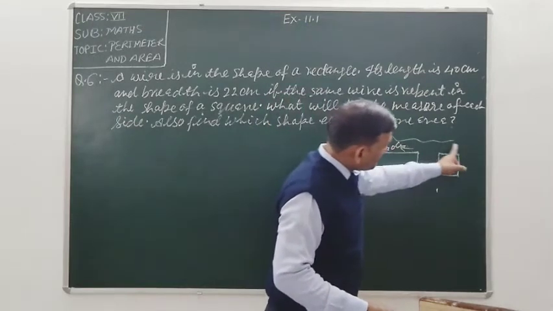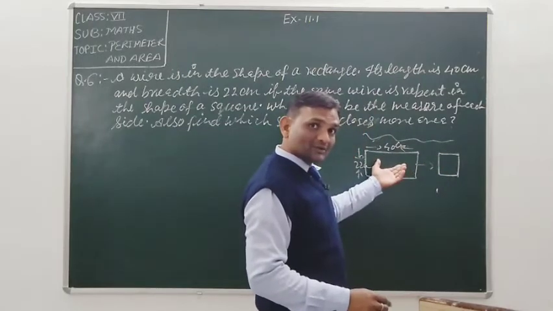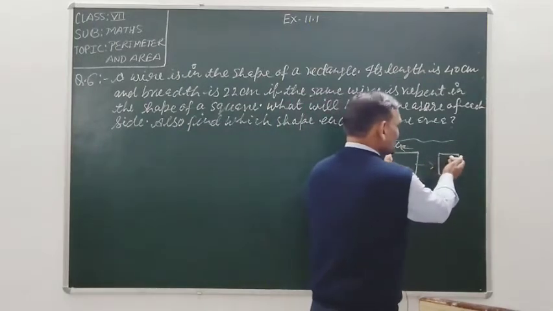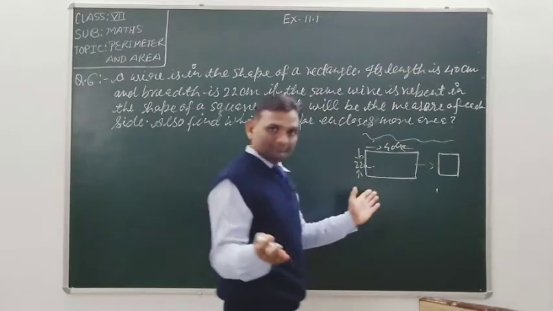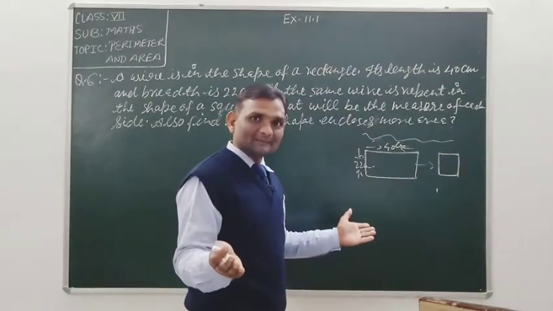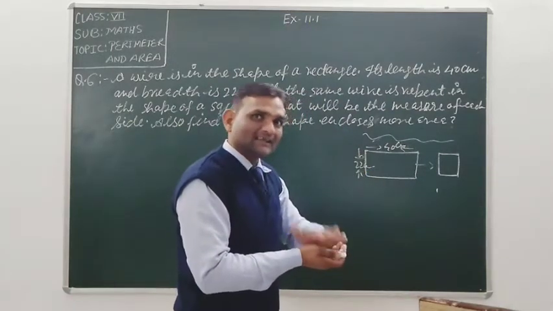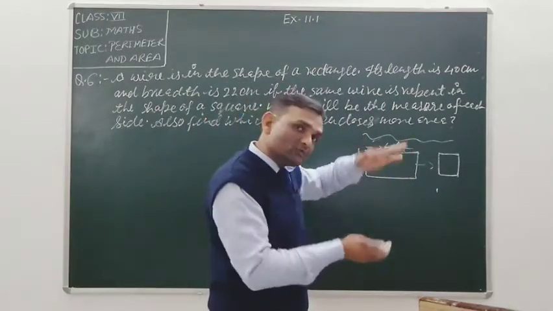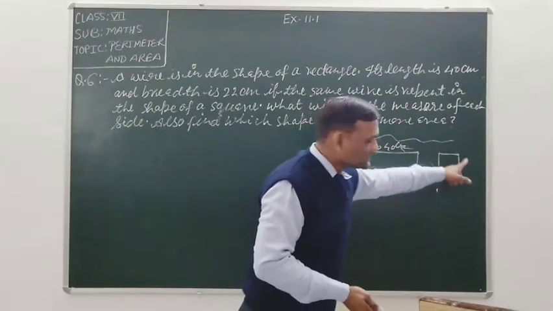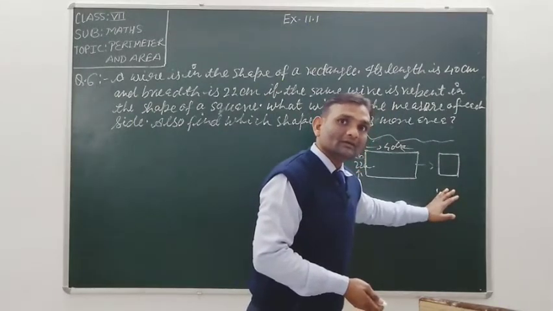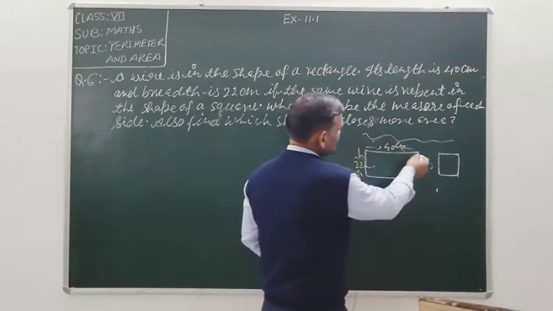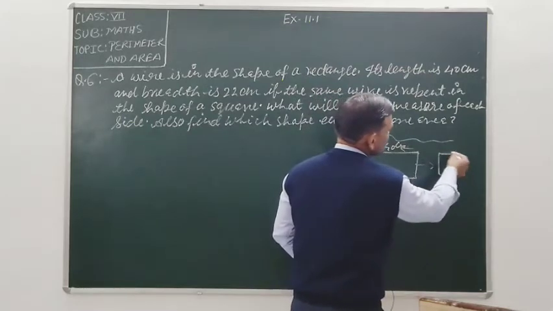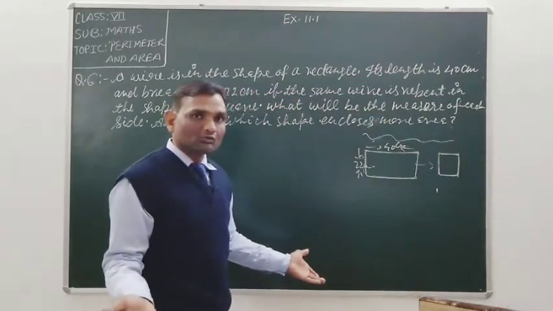Because student, we are making square by the same wire, so perimeter of the both shapes will be same. You know, it's very easy. Because we bend the same wire to make a rectangle, then we bend the same wire to make a square. It means the perimeter of both shapes will be equal.